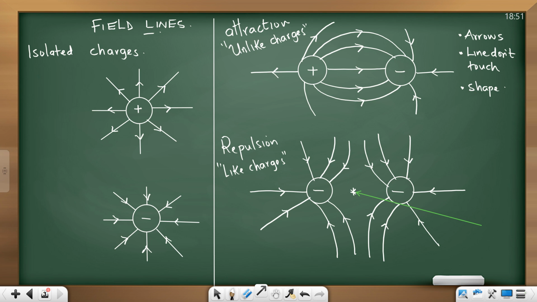Sorry? There's no effect or force of the electric field. All right, there's no effect there. So at that point, we talk about something neutral. It's a neutral point. Because we are not experiencing any electric field there. It's a neutral point.